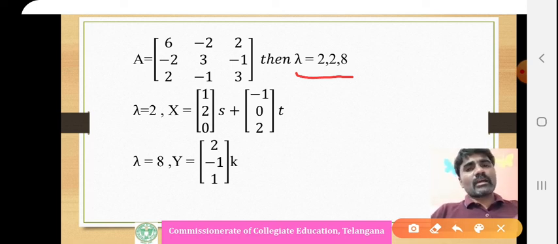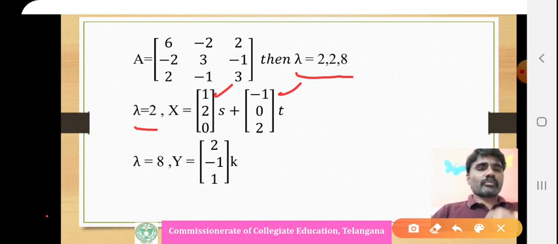The span of these two vectors is known as the eigenspace of A corresponding to lambda equals 2.